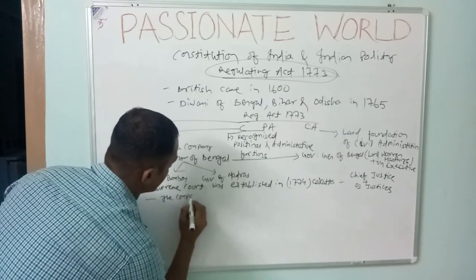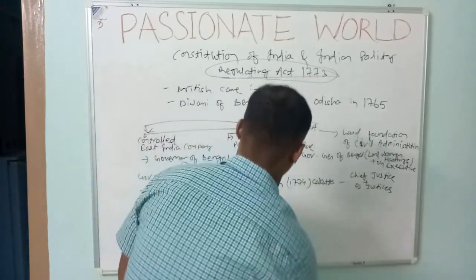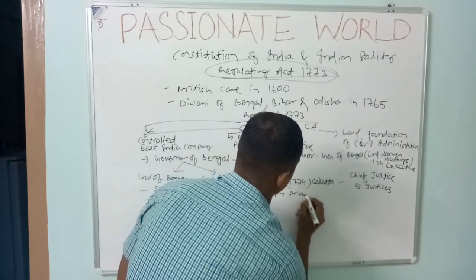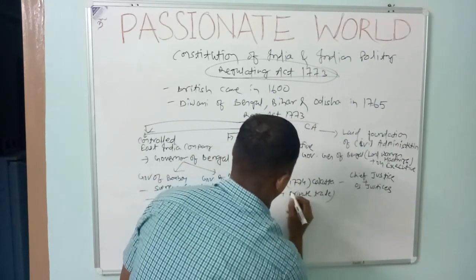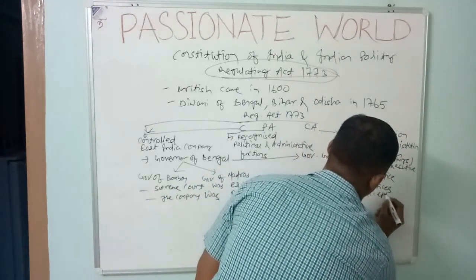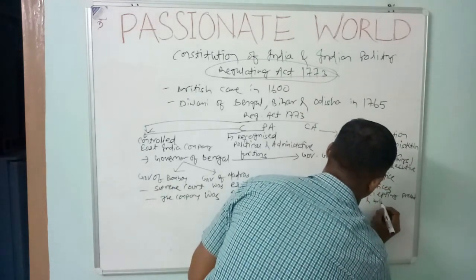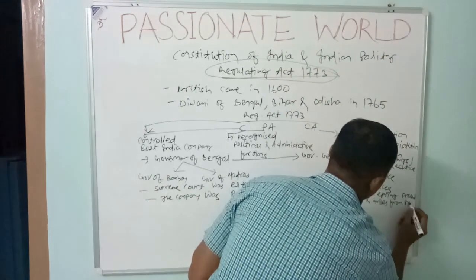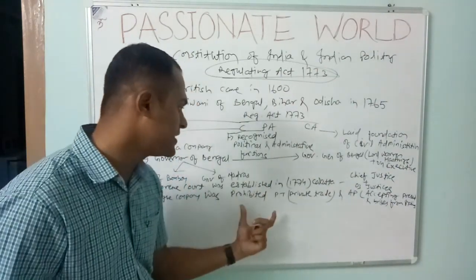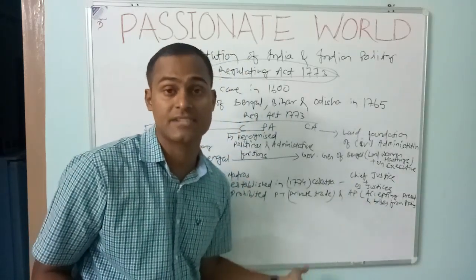The company was prohibited from PT, that is private trade, and AP, that is accepting presents and bribes from natives. 1773 एक्ट की वजह से क्या हुआ कि the company people were prohibited to do private trade, as well as accepting presents as well as bribes.